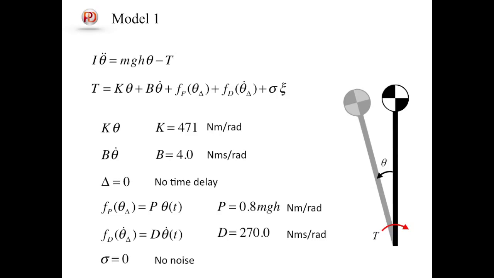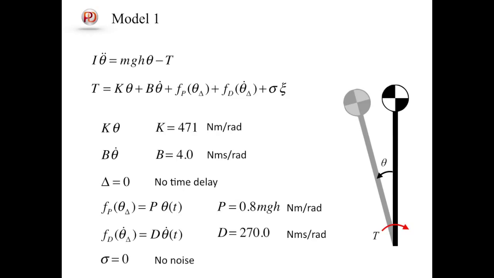The neural feedback determined by the tilt angle is, simply, p theta, and the feedback by the angular velocity is d theta dot. The parameter values are p equals 0.8 mgh Nm per radian, and d equals 270 Nm/second per radian. We also don't consider the noise torque in this model, hence sigma equals 0.